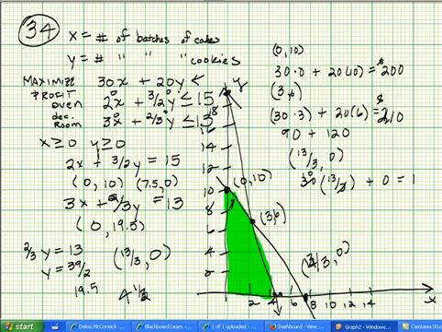So it looks like the winner is 3, 6. So 3 batches of cakes, and 6 batches of cookies.